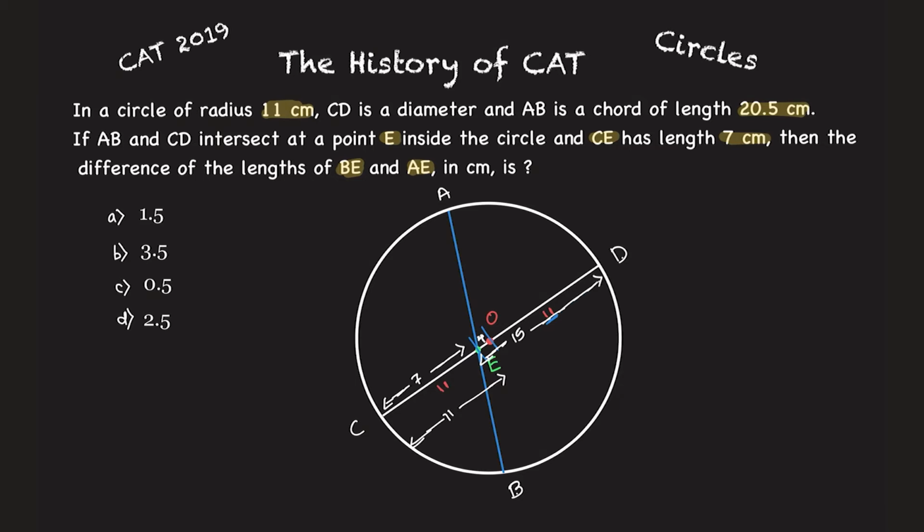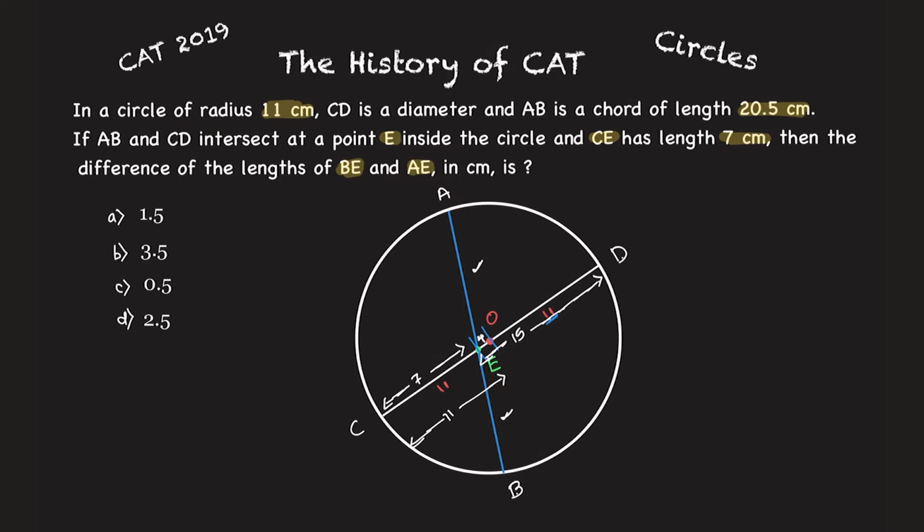So this is what we understand: CE is 7 and ED is 15. And what am I supposed to find? The difference of the lengths of BE and AE.